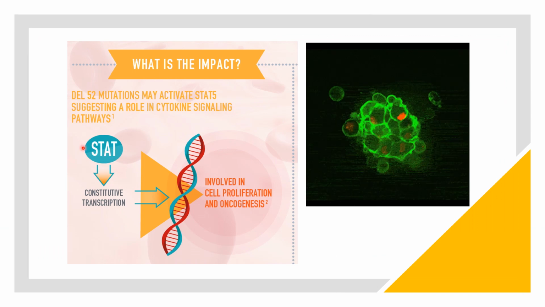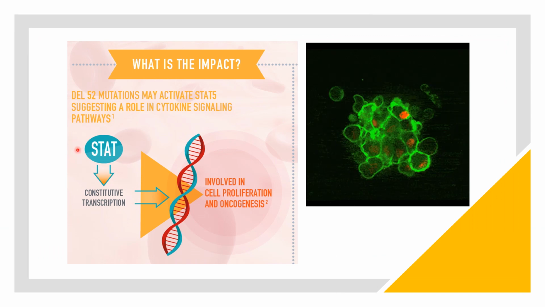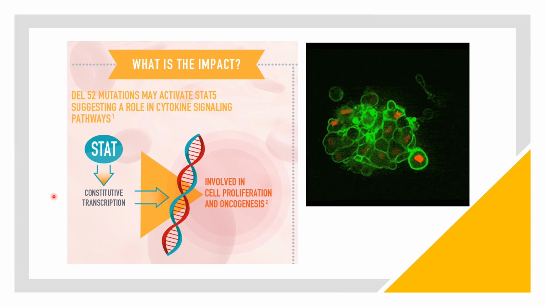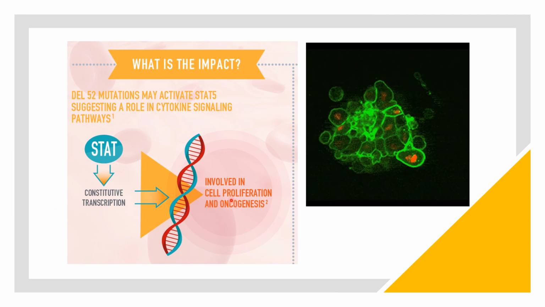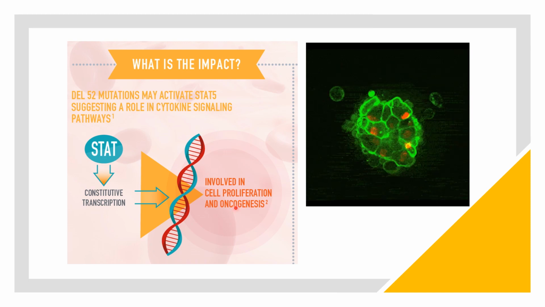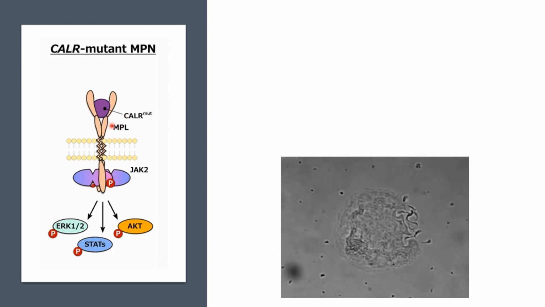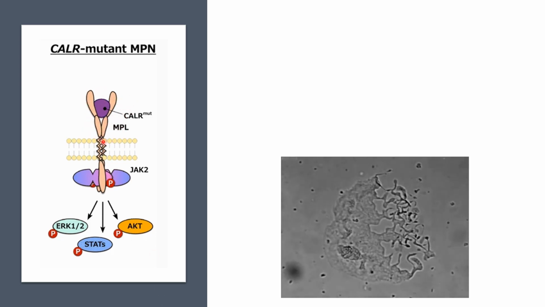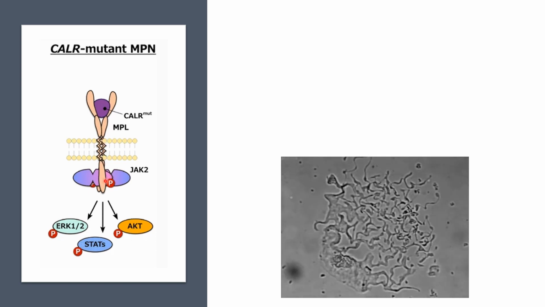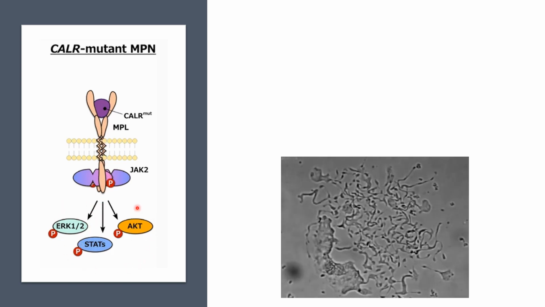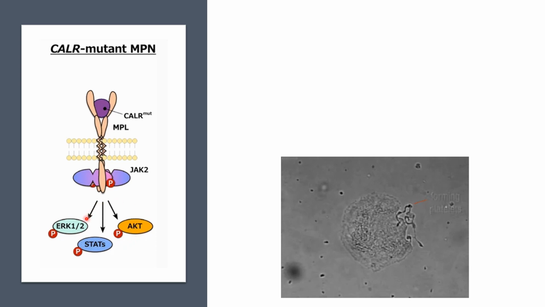With the CALR mutation, a signaling pathway is stimulated, and this transmits chemicals to signal cell proliferation and oncogenesis. The mutant CALR interacts with the MPL gene that activates the downstream signaling of molecules responsible for the growth and division of cells.